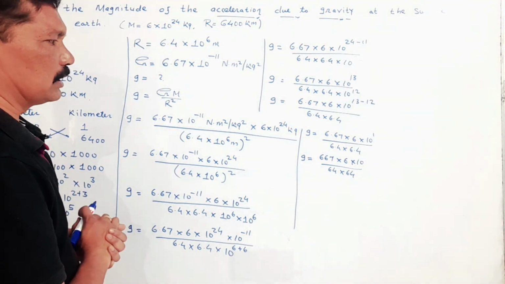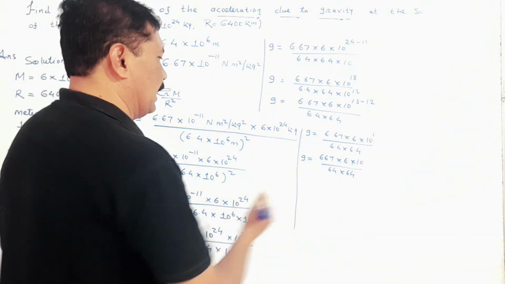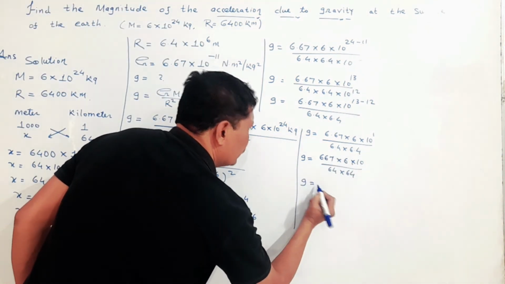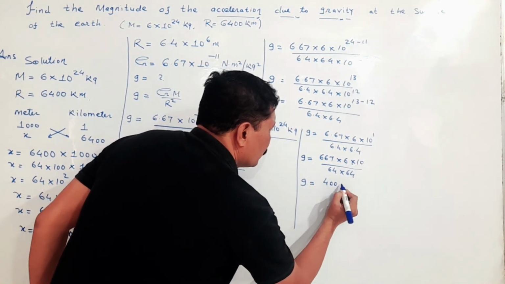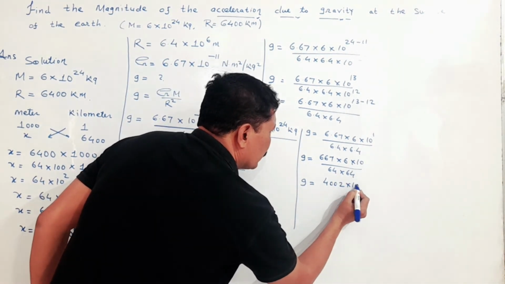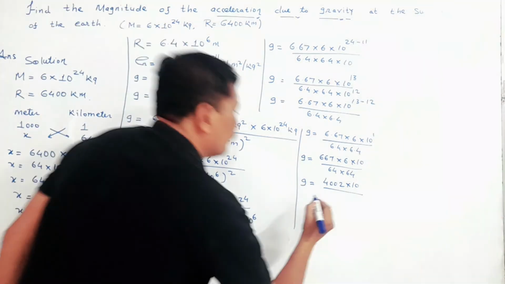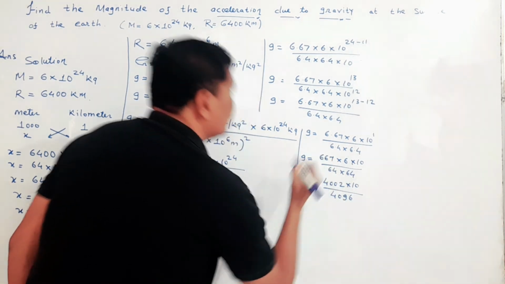Here my dear student, the calculation has become very easy, and if we multiply 667 into 6, we get g is equal to 4002 into 10, and 64 into 64 we get 4096.